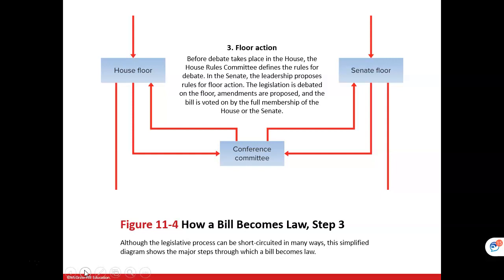Once the bill receives a majority vote, and majority is 50% plus one, in the House of Representatives, I've got to pull out my calculator because I can't do math in my head. 435 divided by 2 is 217.5, which is half.